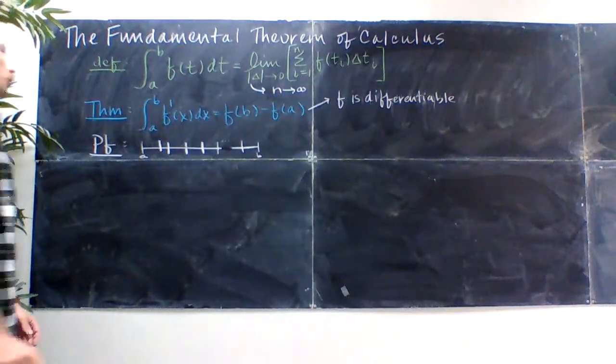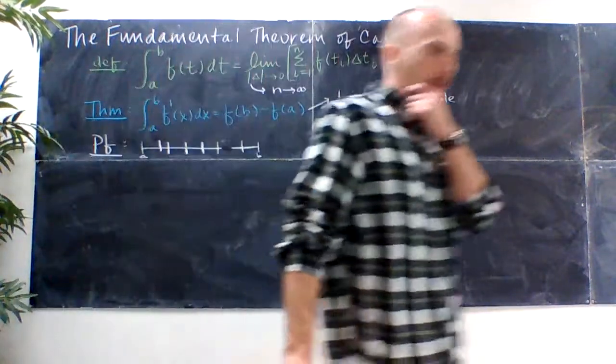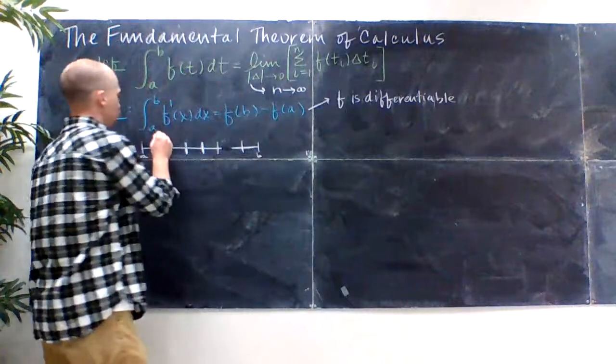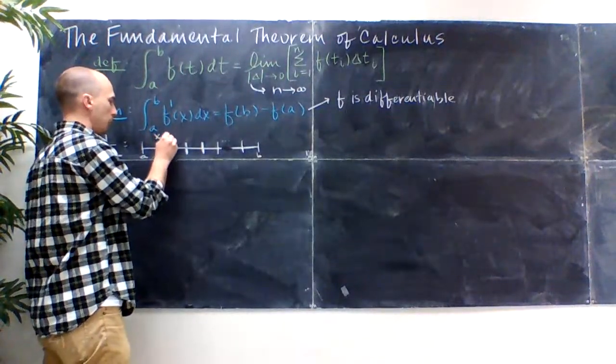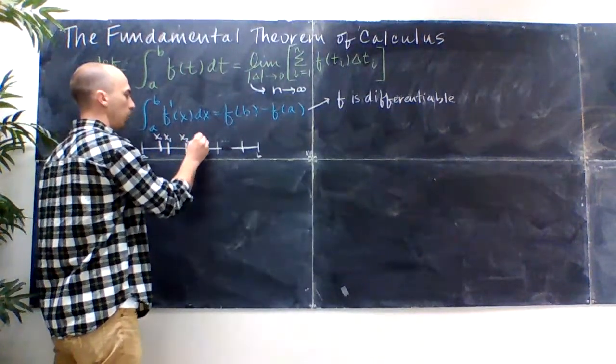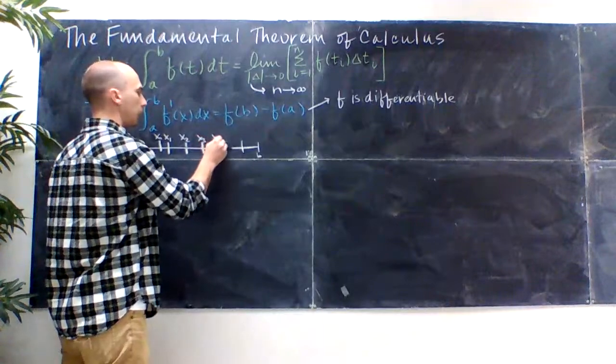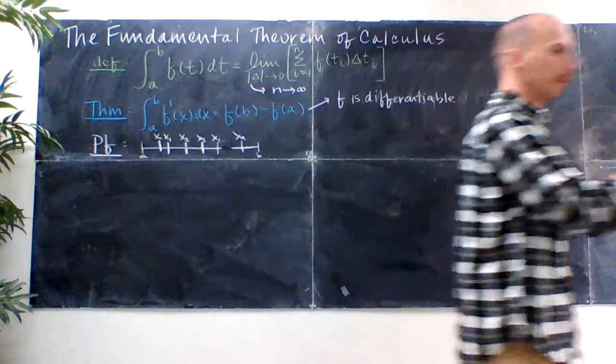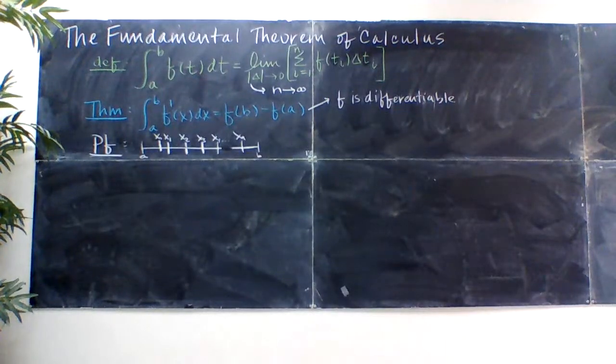All right, so I'm going to call this, hold on, let me make sure I'm going to get my indexing right. I think I'm going to start calling this x0. So this will be x0, x1, x2, x3, x4, up to xn, I believe. Let me just make sure. x0 up to xn, yes.